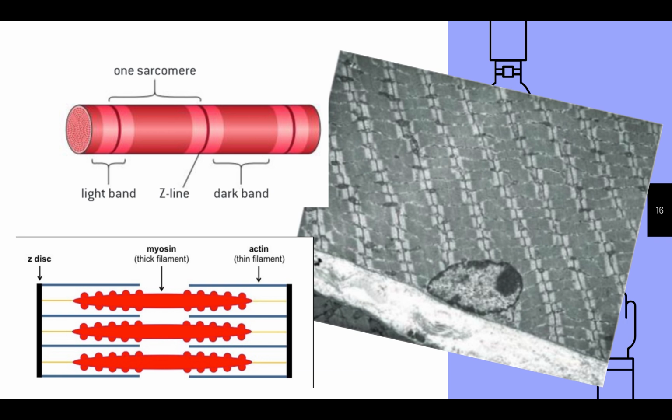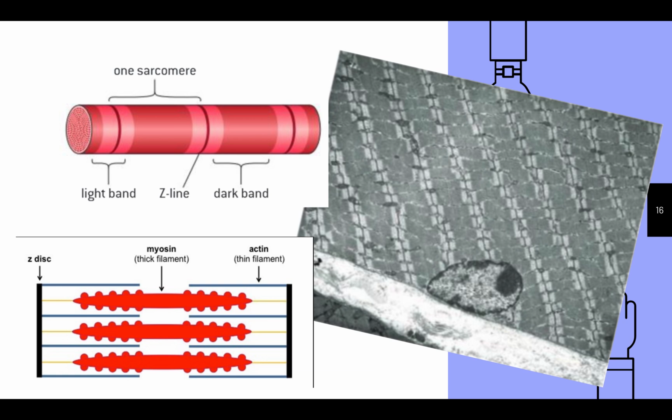Your actin is a thinner protein molecule. That's why it looks lighter. The area where they overlap here is the dark band. So the dark band is made up of myosin and myosin overlapping with actin. The light band is only made up of actin filaments.